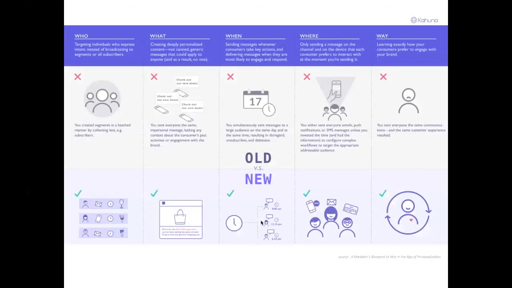This is a really cool visualization that I pulled from a report by this company, Kahuna Marketing. It's called The Marketer's Blueprint to Win in the Age of Personalization. I really like it because it shows on the top row for the who, what, when, where, why conversations about customers, how we currently still do things or used to do things versus really the way our customers and consumers want us to do things.